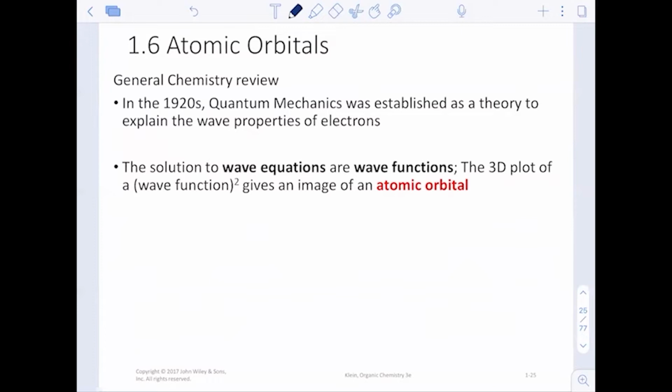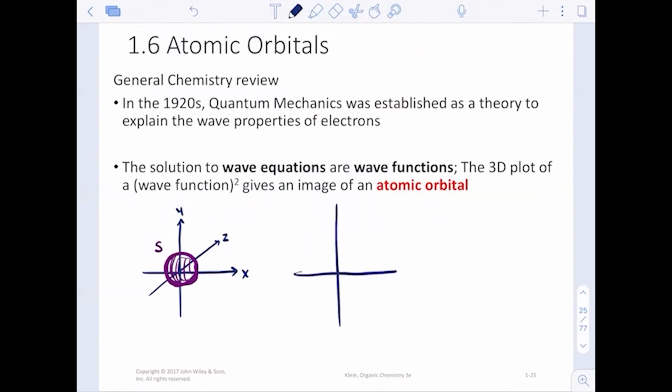And so the wave function is a plot of the probability of where we could find an electron in the electron cloud. We can remember on an XYZ plane, Y, X, and Z, however you like to remember your 3D Cartesian planes. The s orbital was a sphere, and the p orbital was a dumbbell shape, or the figure 8.